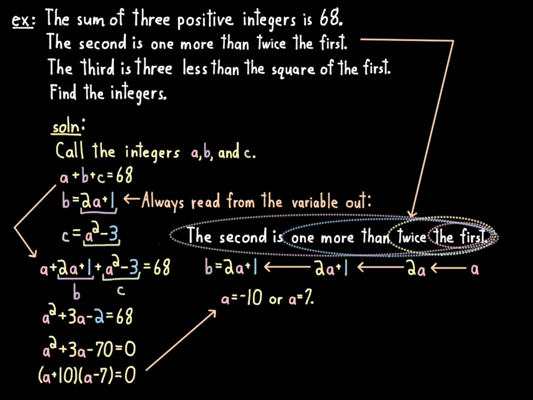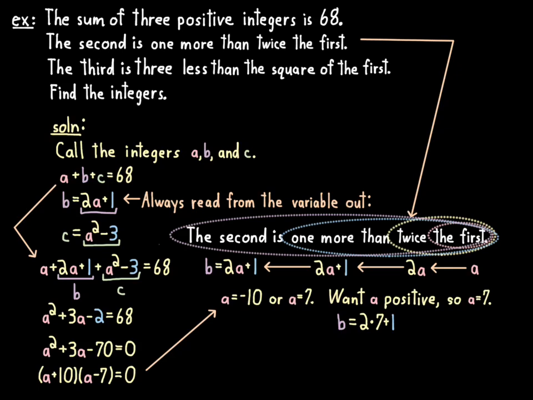That's why the positive was there, so you wouldn't get two sets of three numbers. So you just get one set of three numbers. Okay? So we want a as 7. And it's not because the letters are always positive. It's because of this particular situation they said it was positive.